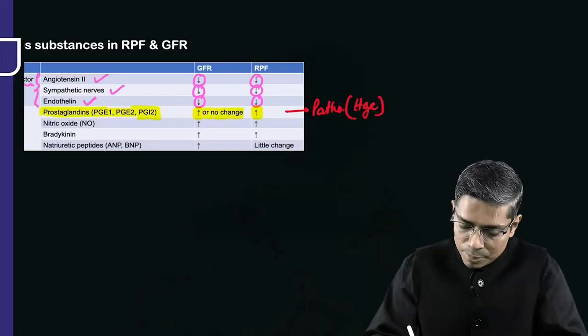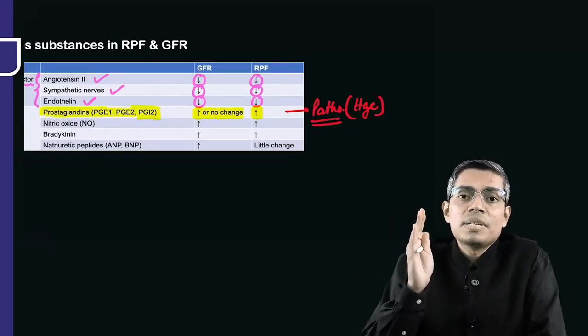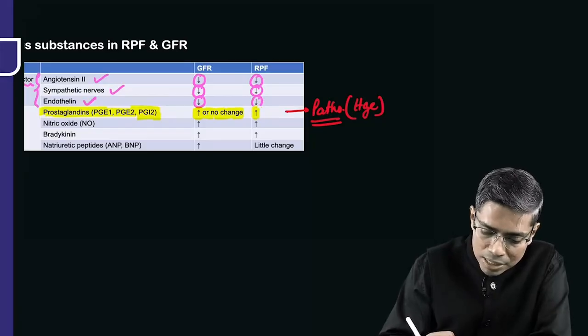It will counteract the effect of angiotensin 2 and sympathetic system, and in this way it will cause vasodilatation. That's why it is said that in pathological conditions, for example during severe hemorrhage, prostaglandin is very important, because it is maintaining your renal plasma flow and your GFR.